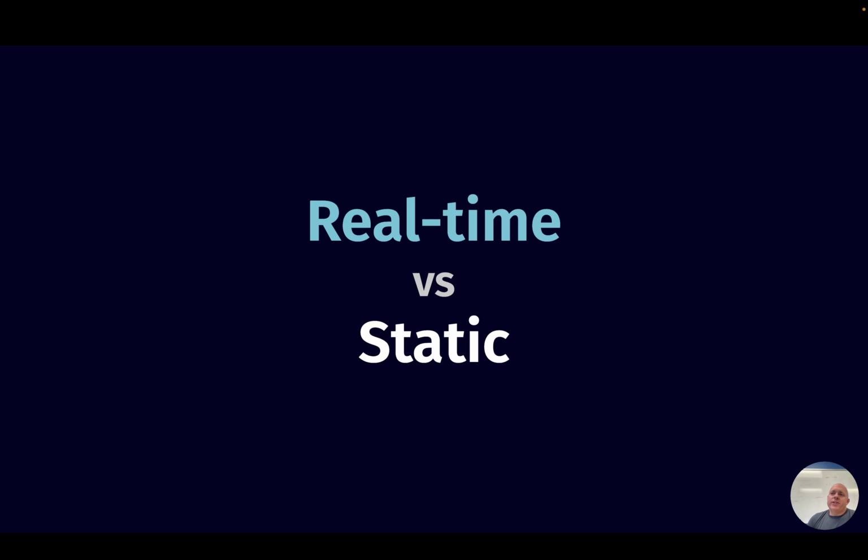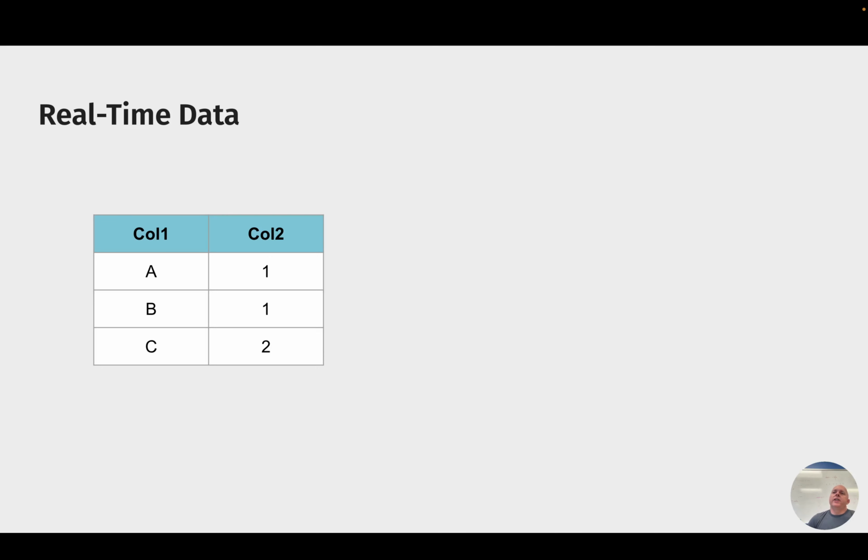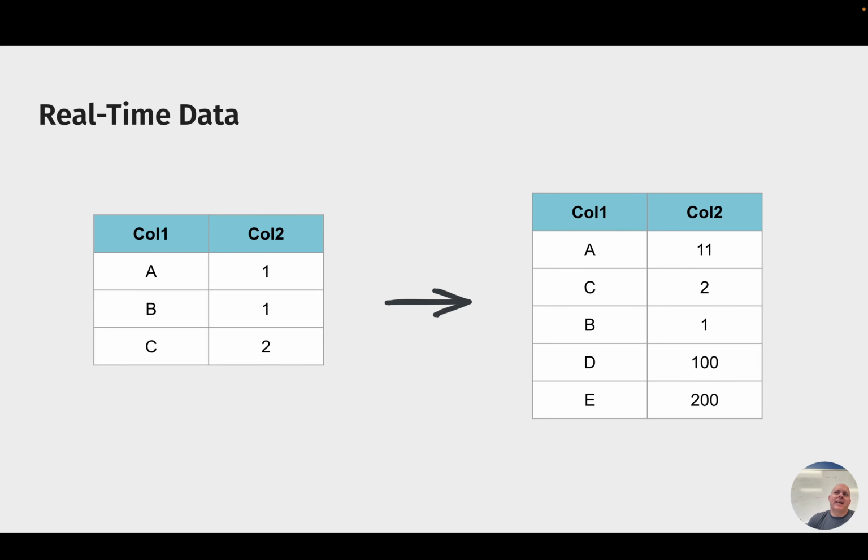So what is real time versus static? If we look at, in this case, a table of data, to go from the table in the static world to a real-time table, the data can change. Simple concept. And these changes can be repeated over and over and over as new data comes in.